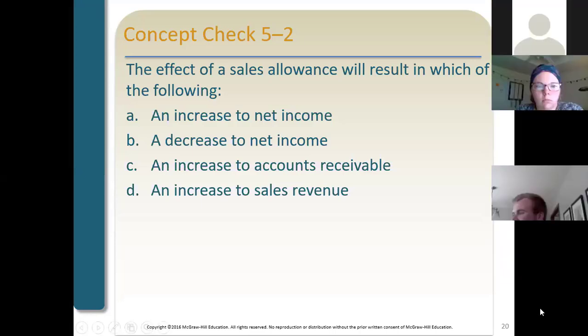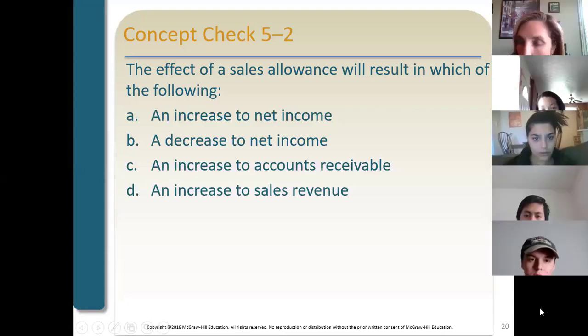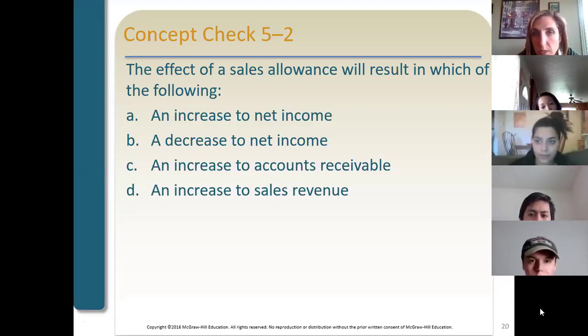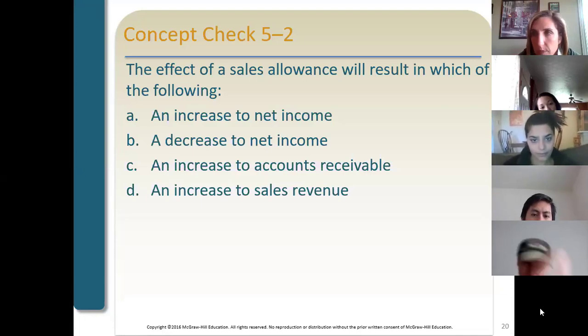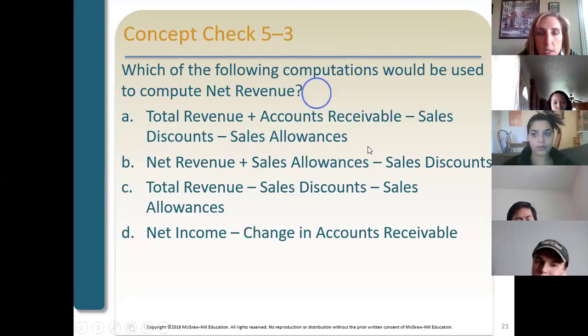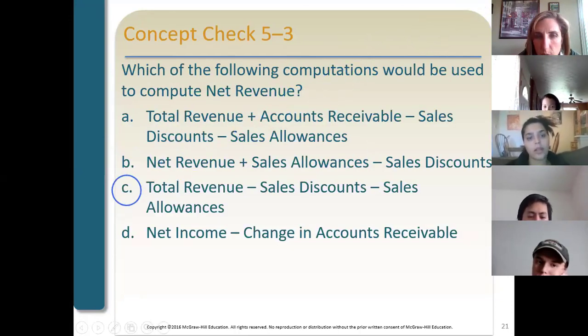I think I heard the right answer. B is correct. Very good. Your sales allowances do decrease your net income. Your sales returns and your sales discounts would also decrease your net income. Good job. Okay, so then moving on, that's the same thing we just talked about. Take your total revenue and subtract your discounts or allowances or returns.